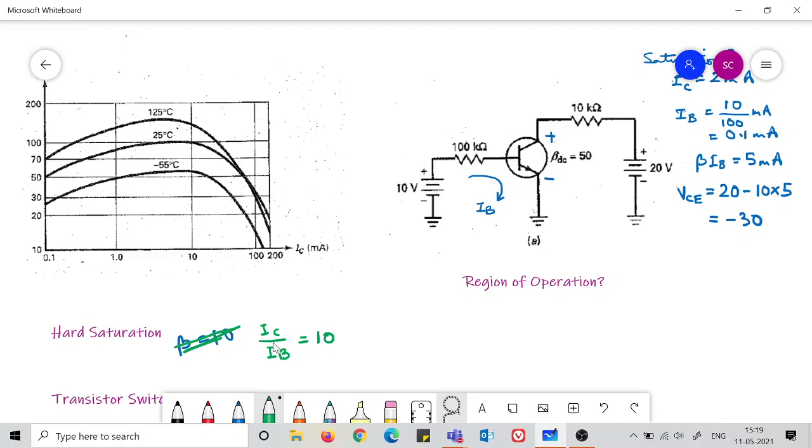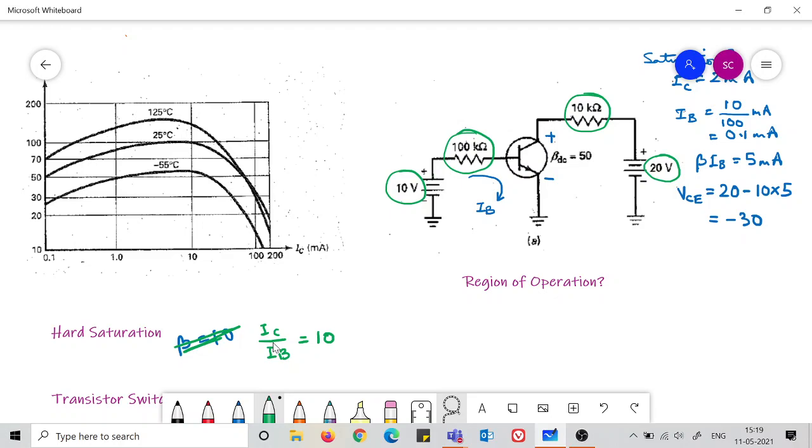How to ensure that? We have a handle on these particular things; all these we choose for the circuit. We choose in such a way that IC by IB, this gain, is almost equal to 10.